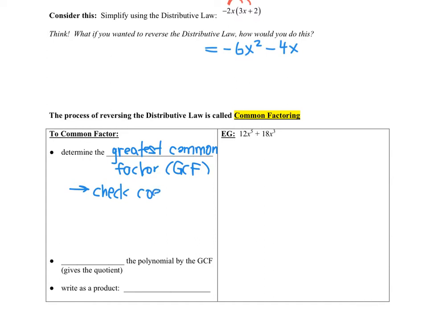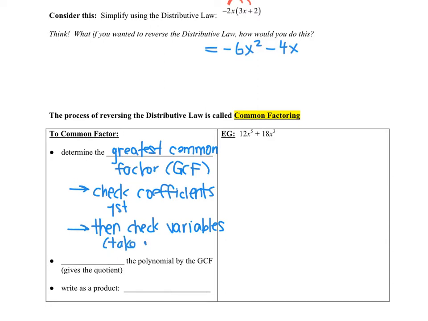Just find a common factor between the numbers. And once you do that, then you're going to look at the variables. And you're just going to take the smallest variable. So take the smallest exponent.